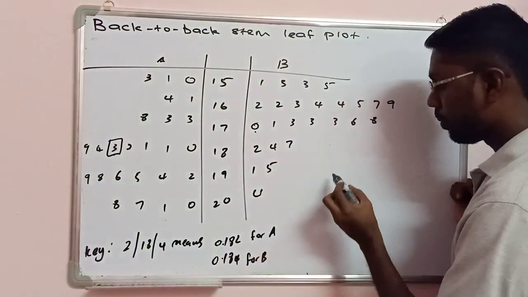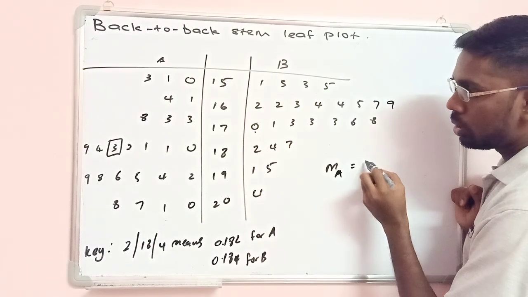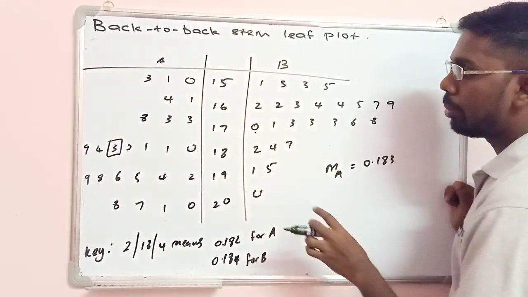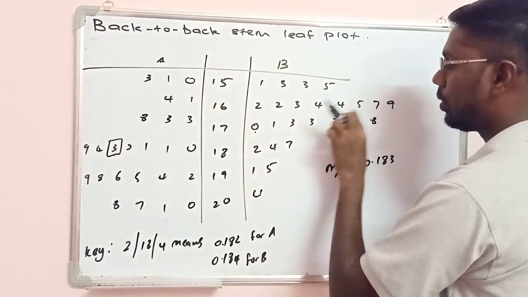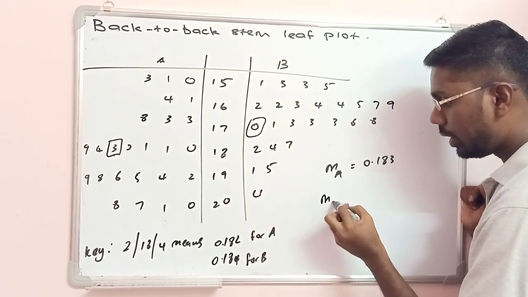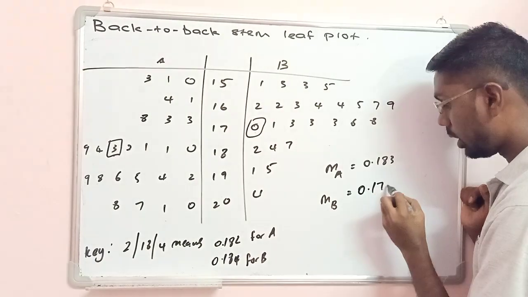So the median for A is going to be 0.183. Then for B, the 13th value is your median, so the median for B is going to be 0.170.